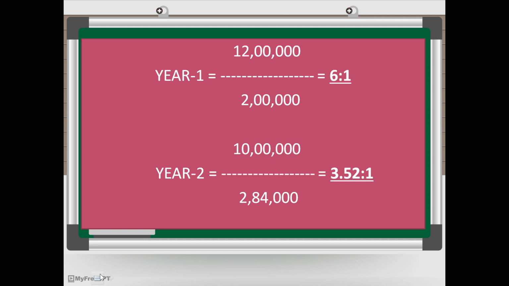So the ratio, 10 lakh divided by 2,84,000, is 3.52:1. It is a declining ratio. All the ratios are declining in the second year compared to the first year. Maybe it is the COVID-19 effect, I think so.